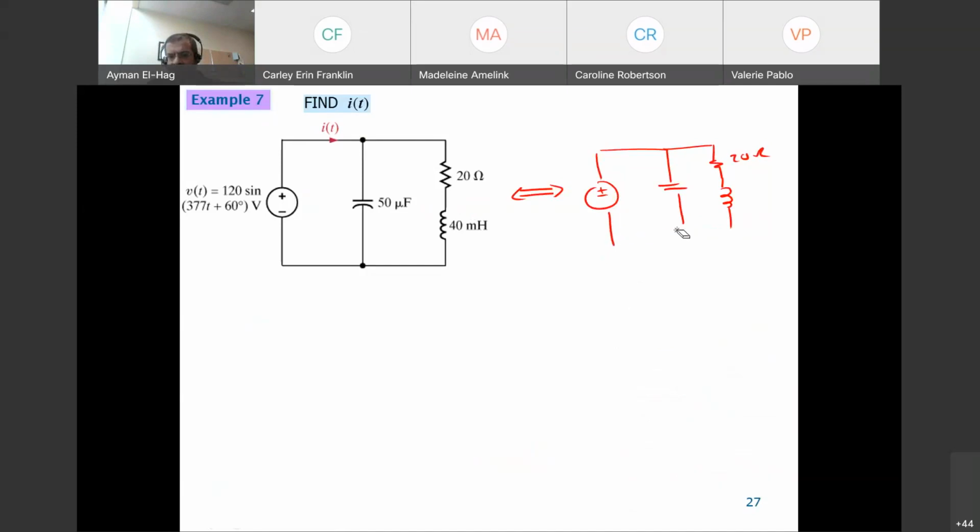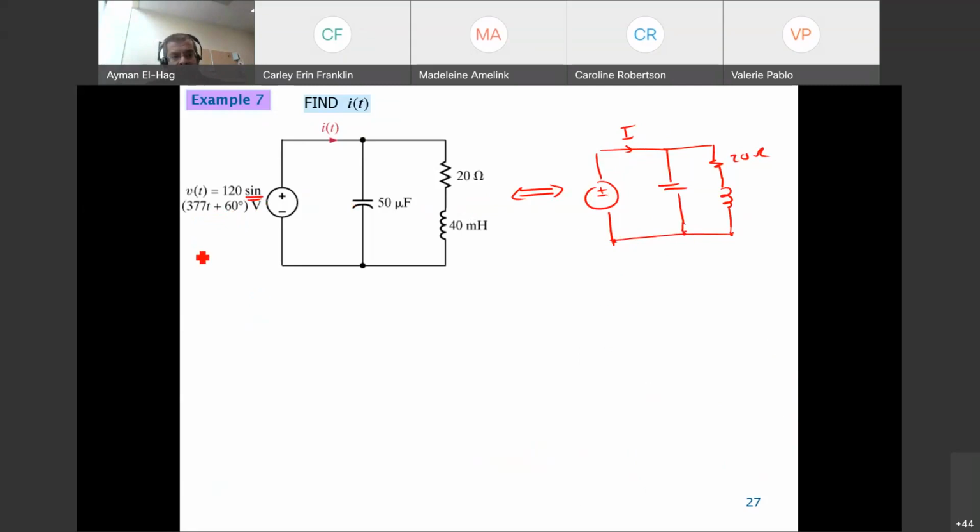So let me just make it neater. Okay, now let's do that. So this is what I want to find. As a convention, sometimes we use a capital letter for the phasors and a small letter for the time domain. Now the source is 120 sine(377t plus 60). So I need to subtract 90 to convert it to a cosine.